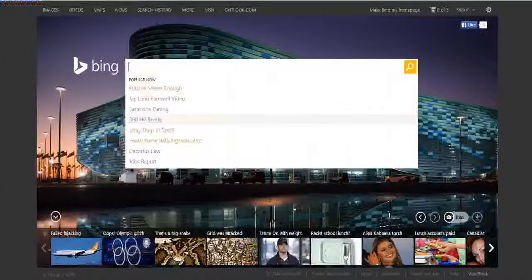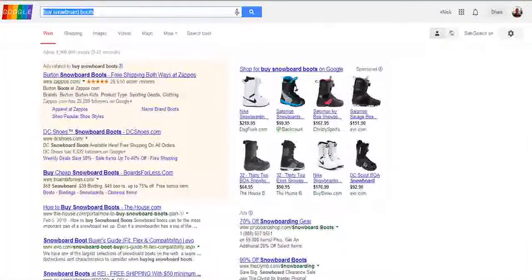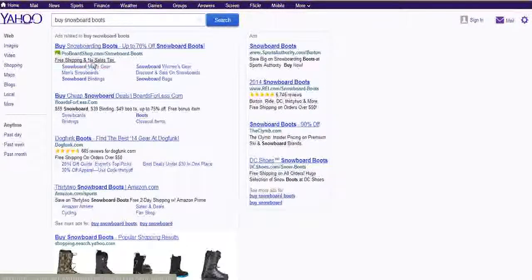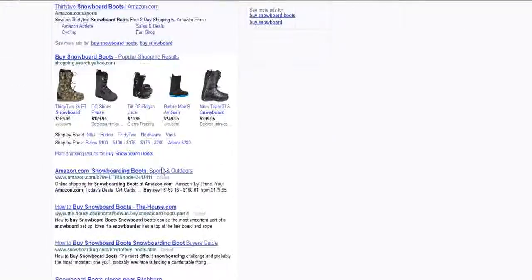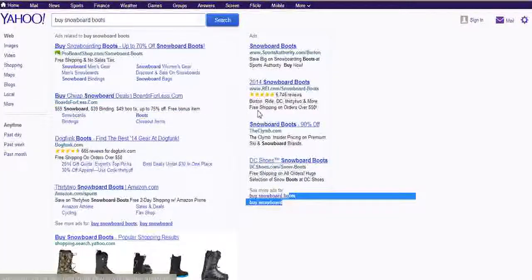Now in Bing, or actually let's do Yahoo. A search might look a little different. Again, you've got that one line of text here, especially in the top 3. It looks like there's even 4 ads here, and then they've got some pictures, and then some local and some more organic, and then ads on the right.